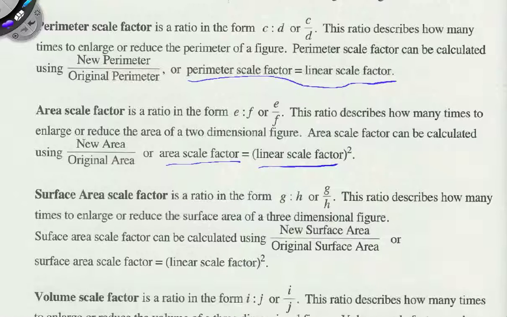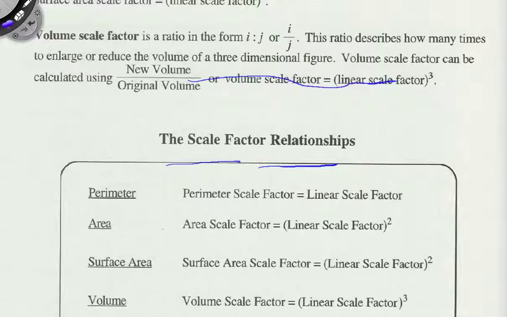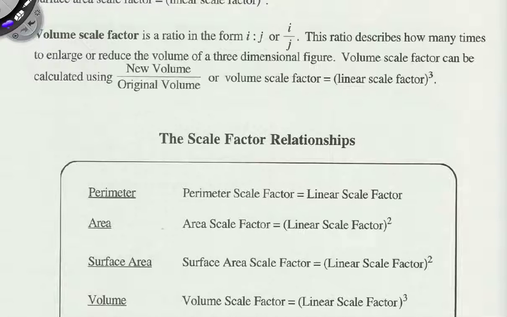If you're looking, for example, at the surface area of a cube, you can take the linear scale factor and square it to get the area scale factor. And volume, as we've just seen, we're going to take the linear and cube it. So the volume scale factor is the linear scale factor cubed.